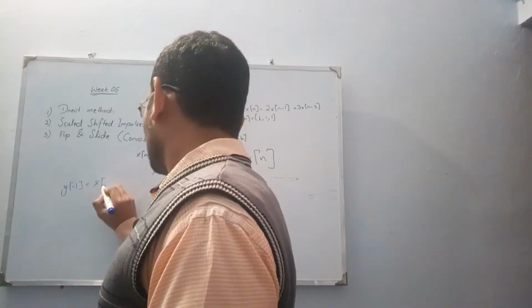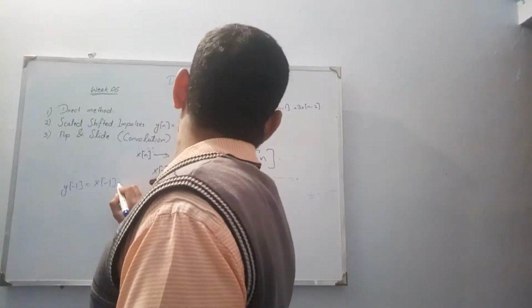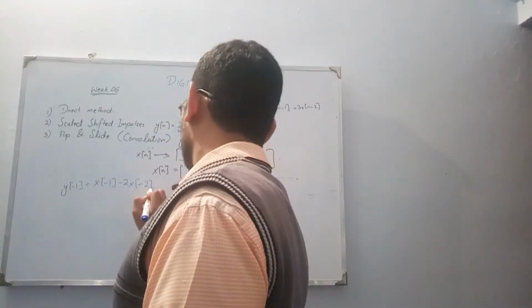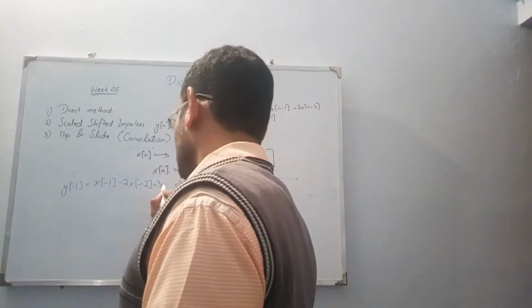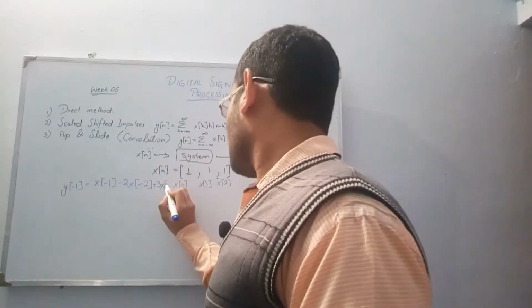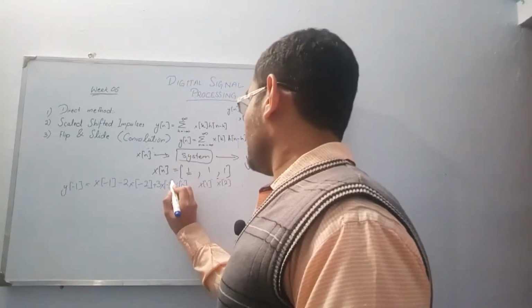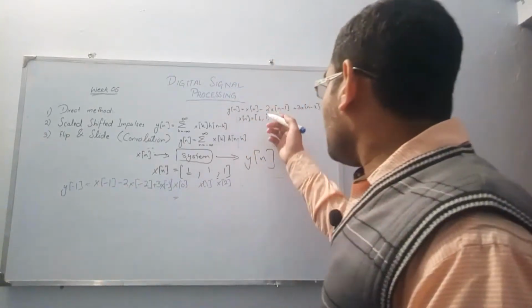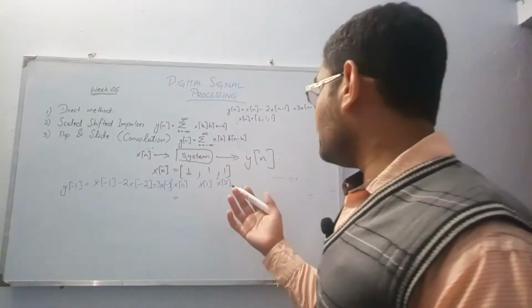x of minus 1 minus 2x of minus 2 plus 3x of minus 3, which will be equal to 0, because there are no values at negative indexes.